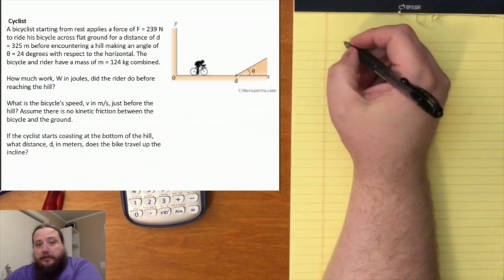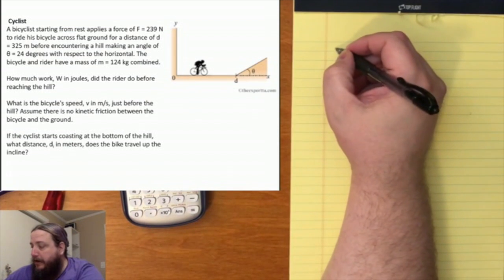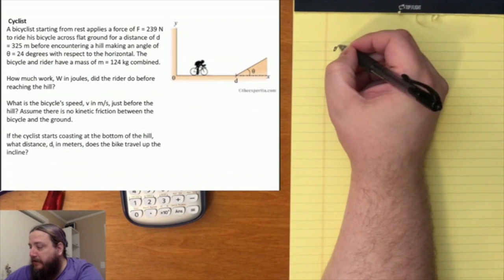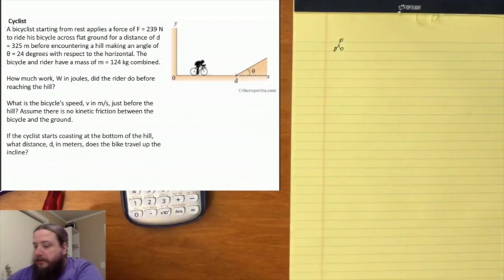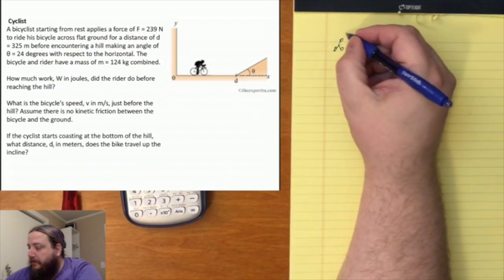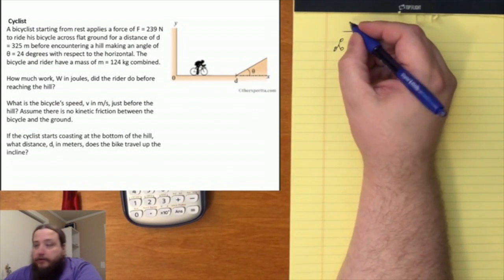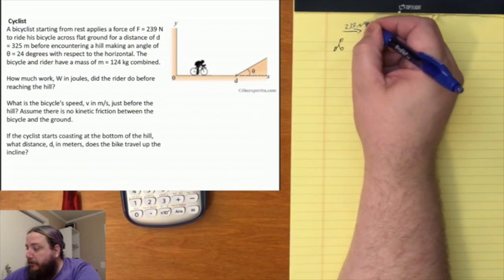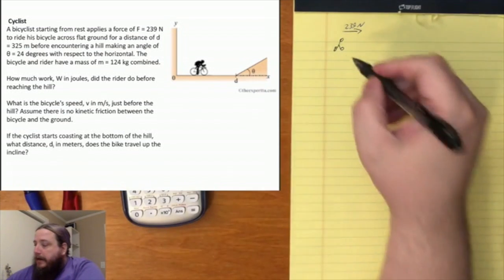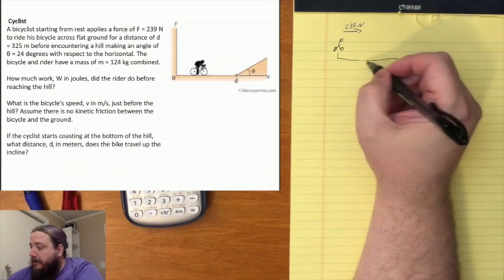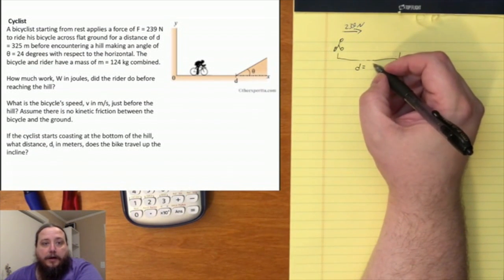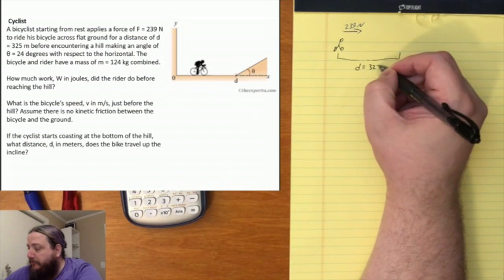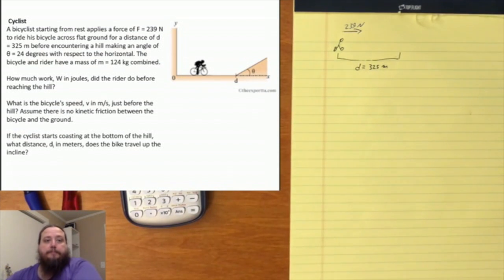So to begin with, we have our bicyclist here. There's a force being applied to that bicyclist of 239 newtons. And that force is being applied over a distance d of 325 meters.